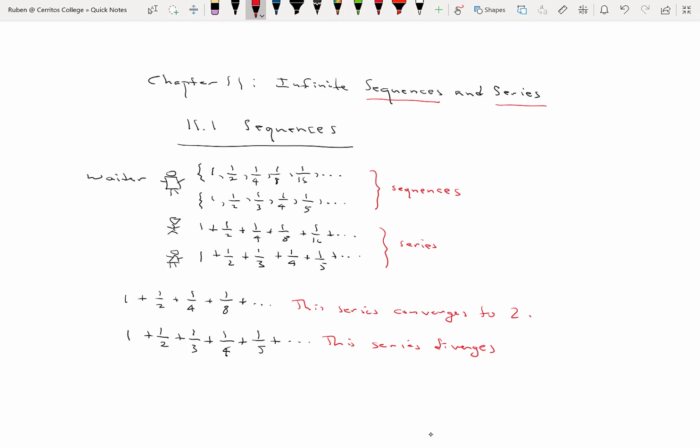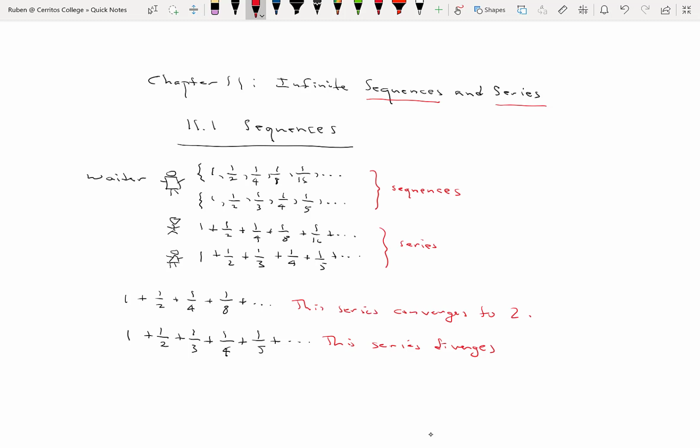In this chapter, we mainly examine whether a series converges or diverges. Towards the end of the chapter, which will bring us to the end of the course, we're going to be very interested in determining the value to which a convergent series converges.